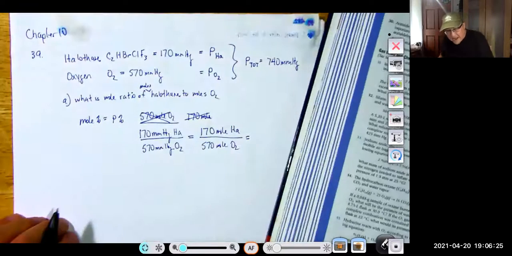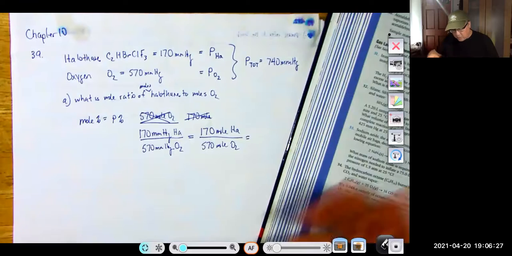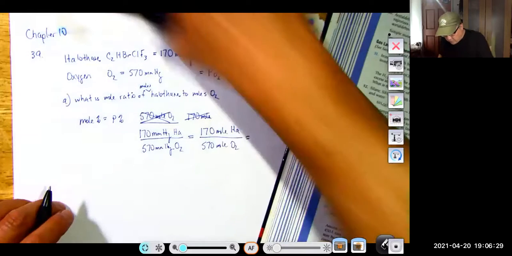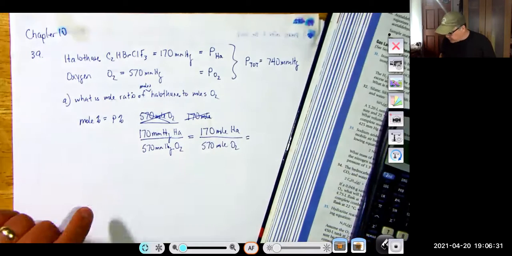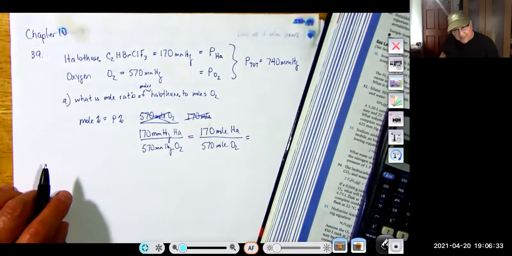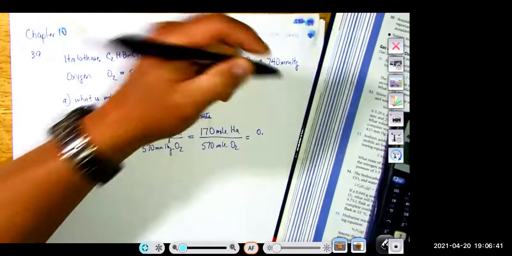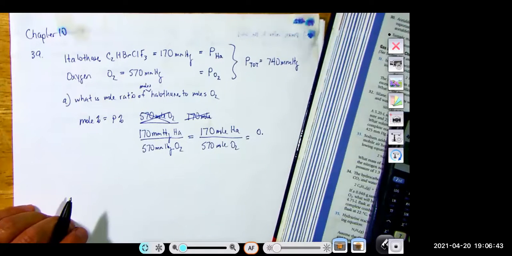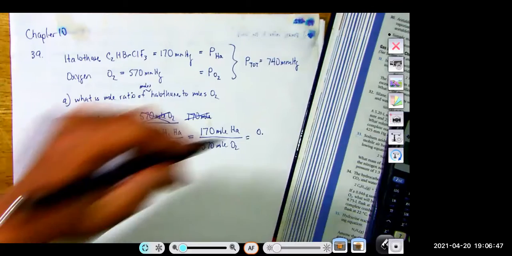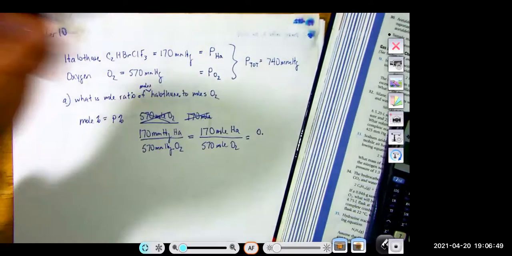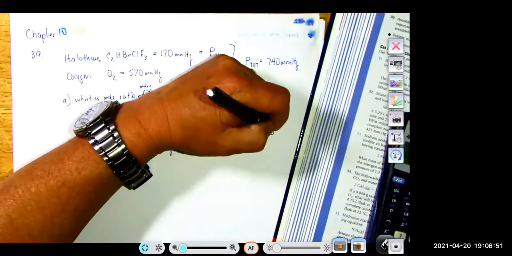Now, we don't really have that ratio. We just want to know the ratio. So when you do something like this, you're supposed to simplify it into a decimal form. The moles and the pressure are proportional, so both of them should be 4 point something times.